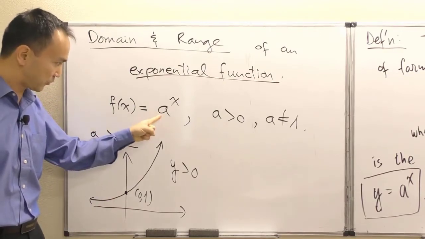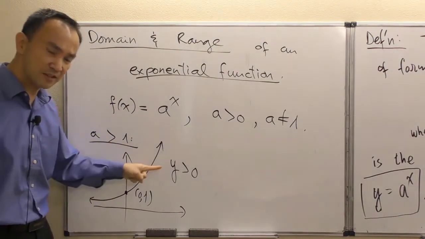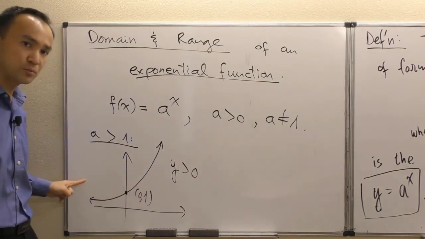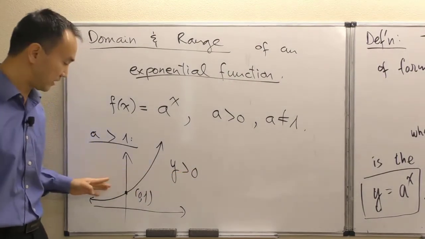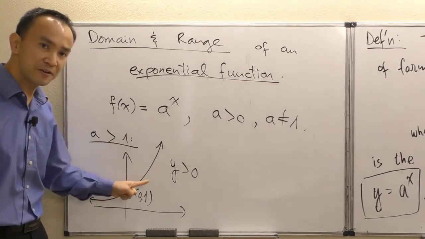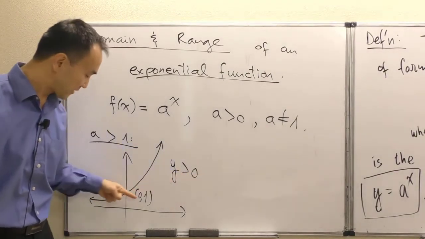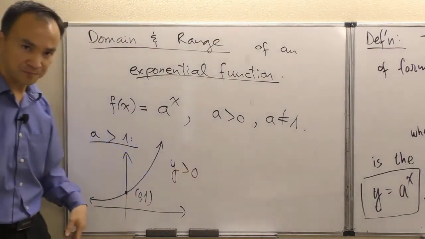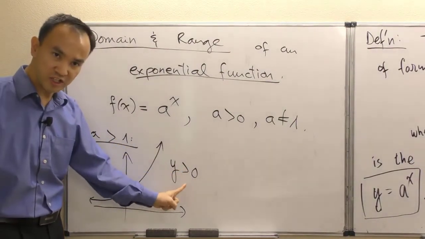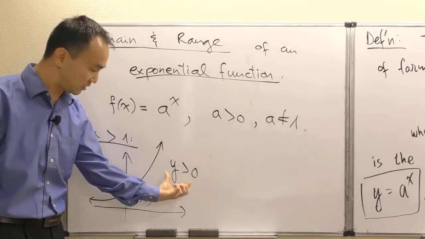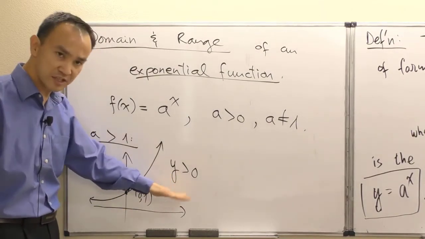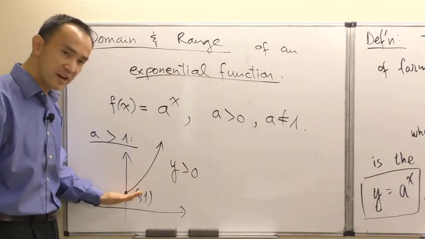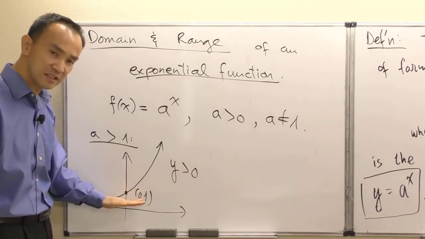Looking at the horizontal spread of the graph, the graph can keep spreading further and further out to the right-hand side and further and further back to the left-hand side without any limitation. Now for the y value, I just pointed out through observation that there's a limitation. The y value always stays above 0, stays positive, because graphically the graph appears above the x-axis.